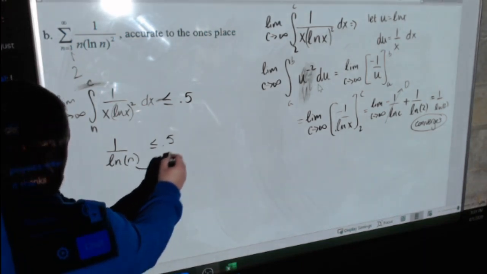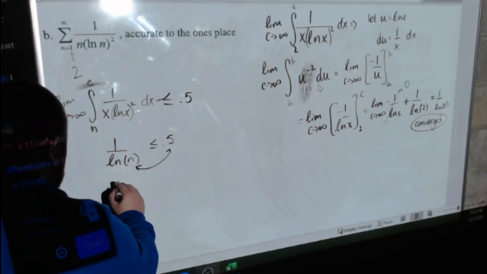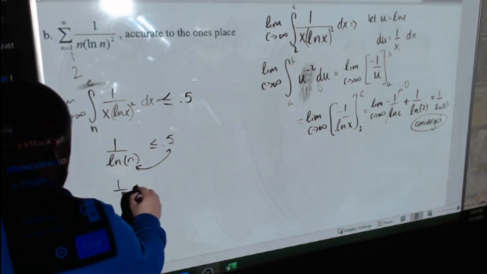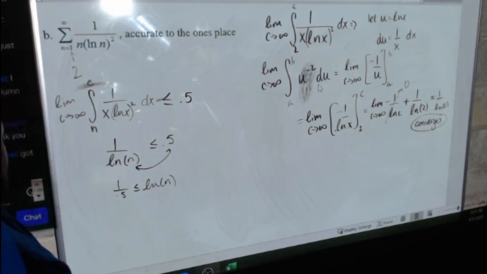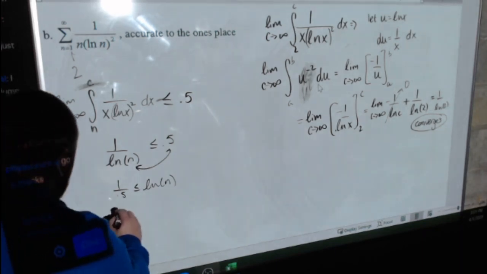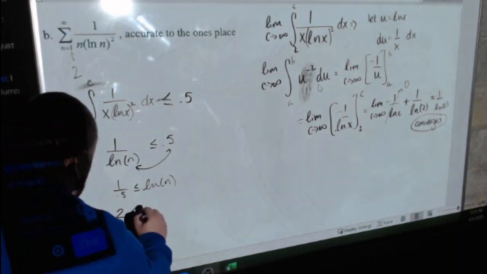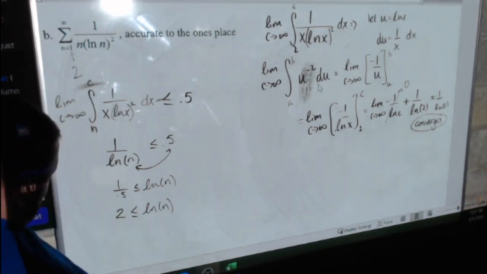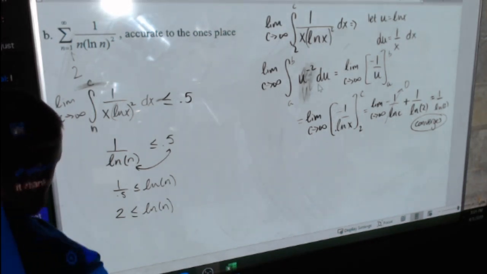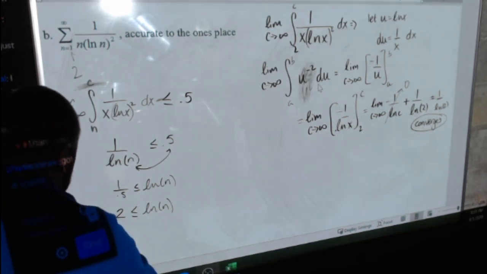Again, I can swap these guys. One divided by a half is 2. And to get rid of that log, I got to take e.